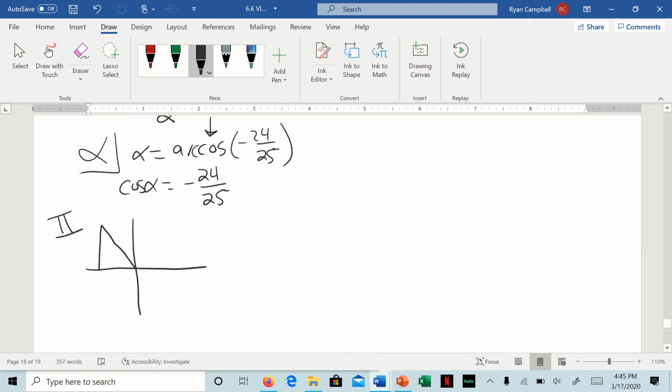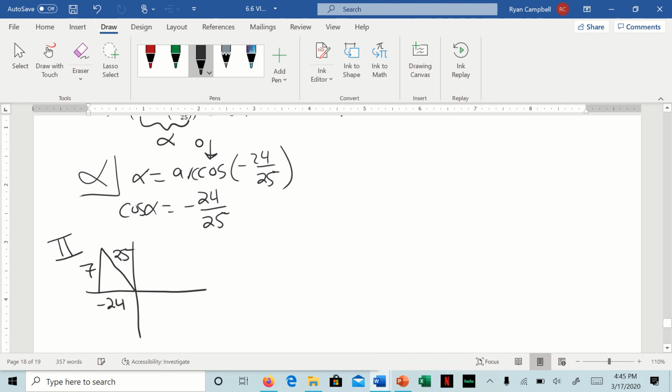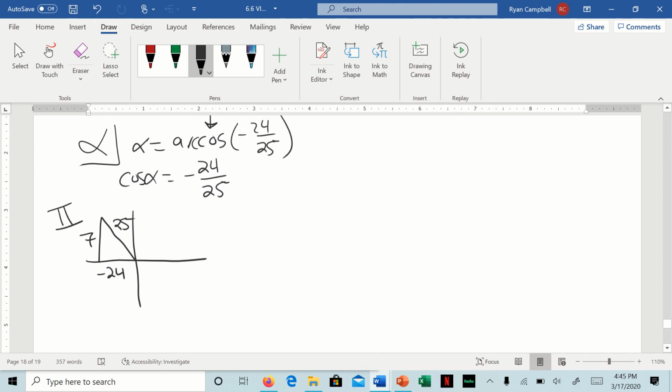All right, so we know that we have negative 24 over 25. Doing a simple calculation, you can see that the opposite is 7, which means that the sine of alpha is 7 over 25.